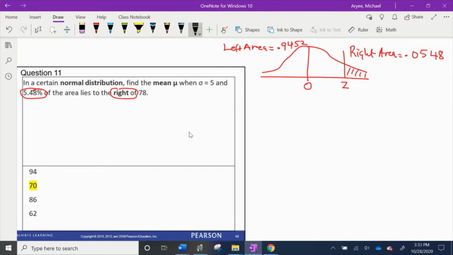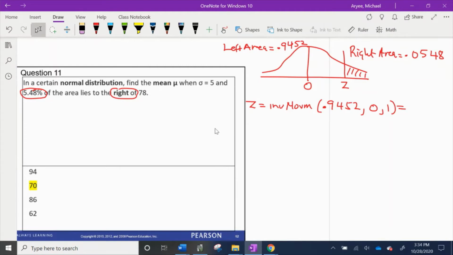All right. So now we're going to just do inverse norm. So the z that we are looking for will be inverse norm, and you have to use 0.9452, 0, 1. And someone do this calculation for us.